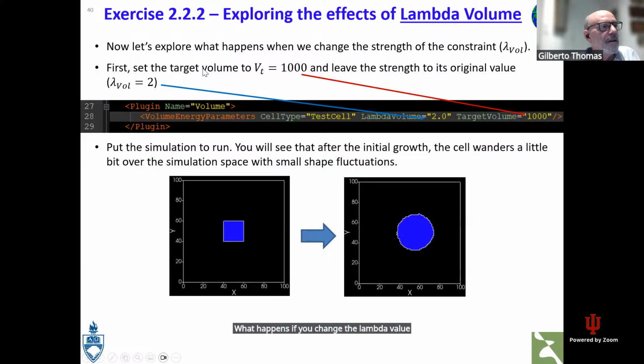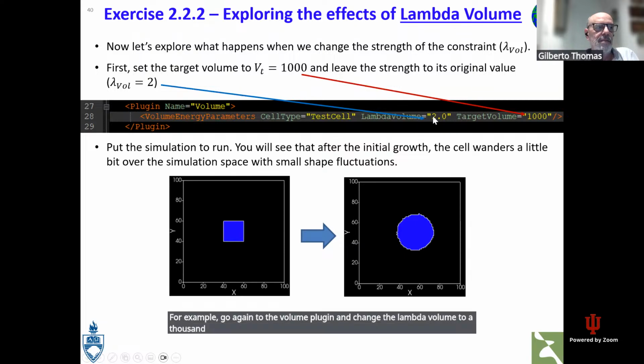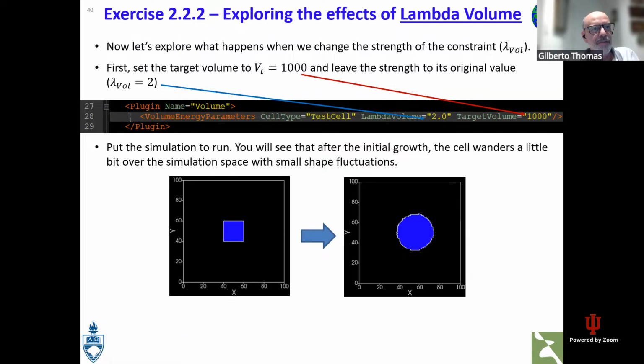Okay. Look, for example, go again to the volume plugin and change the lambda volume to 1,000 and put the simulation to run. Actually, sorry. First, you put the target volume to 1,000 and keep the lambda volume at 2.